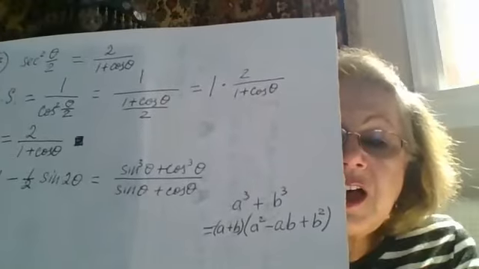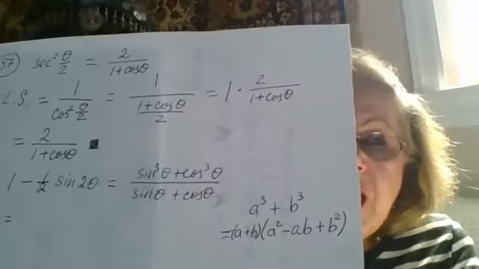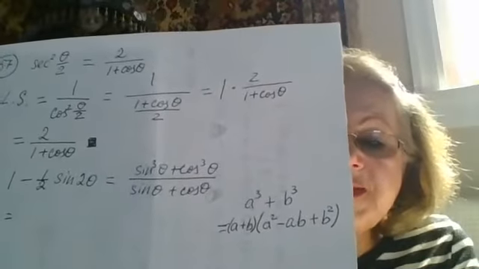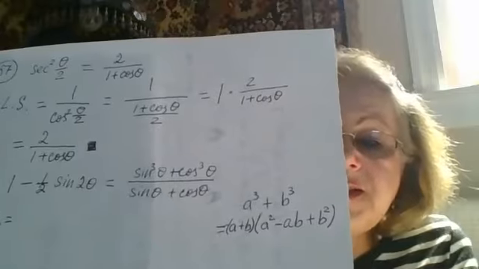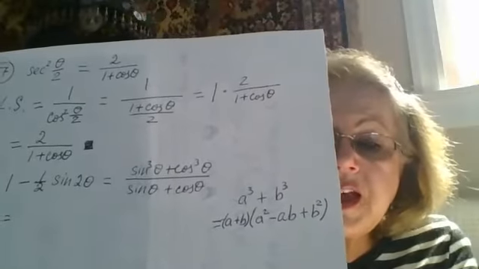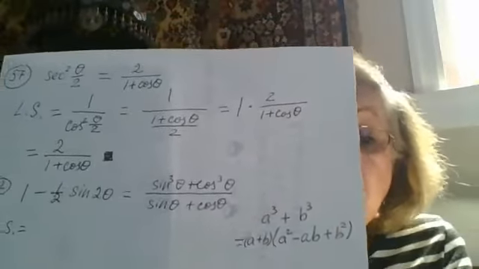This is that formula: a cubed plus b cubed equals a plus b, parenthesis, a squared minus ab plus b squared. Now, we will apply that formula, but we will treat a as sine of theta in the first power, and b will be our cosine of theta in the first power.